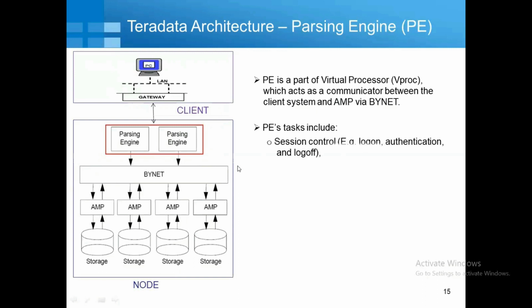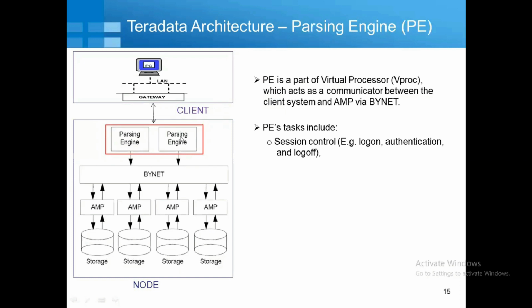The main activity of the parsing engine is session control. It will check the logon and logoff, authentication, all of those. In a BTEQ script, you first do the logon. When you run the BTEQ script, the parsing engine will check the logon.